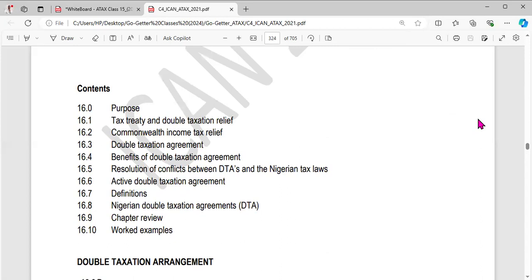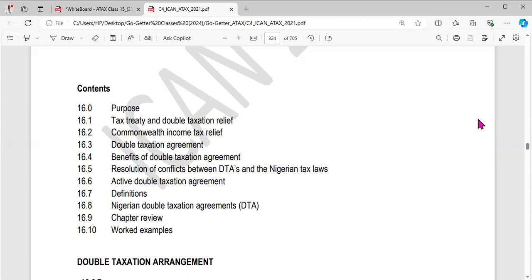Now we have the tax treaty and double taxation relief. We're going to talk about that. Then we will look at what is called Commonwealth income tax relief. Then the double taxation agreement, the benefits of double taxation agreement.